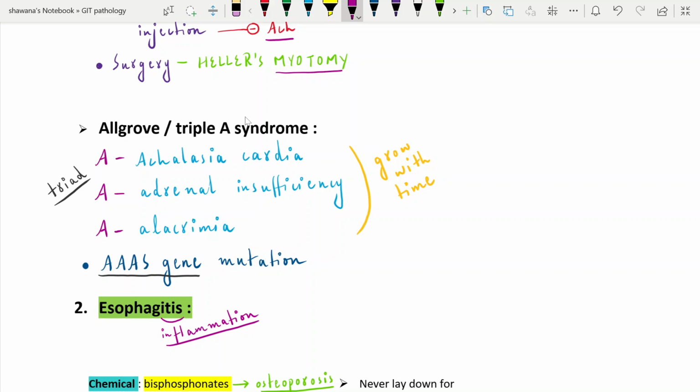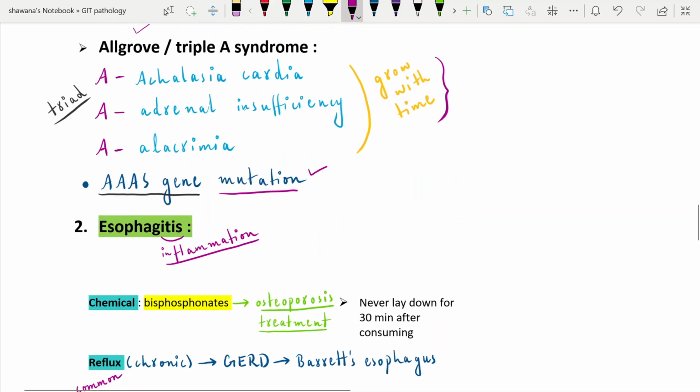It means that the lacrimal glands are not functioning, and it's due to what gene? As the triple A is present, it's the AAAS gene mutation. It's very simple to memorize. The three A's are present and the AAAS gene mutation is present, so it's Allgrove syndrome, and these symptoms become worse with passing time.